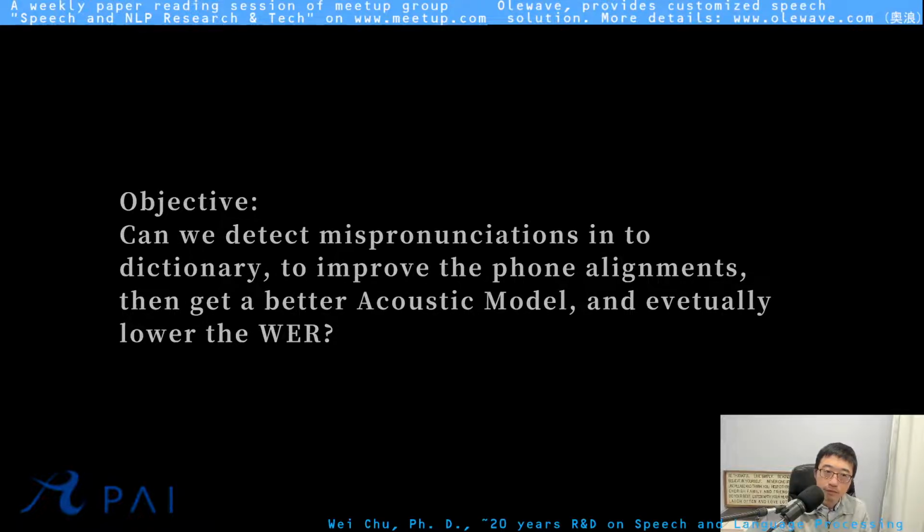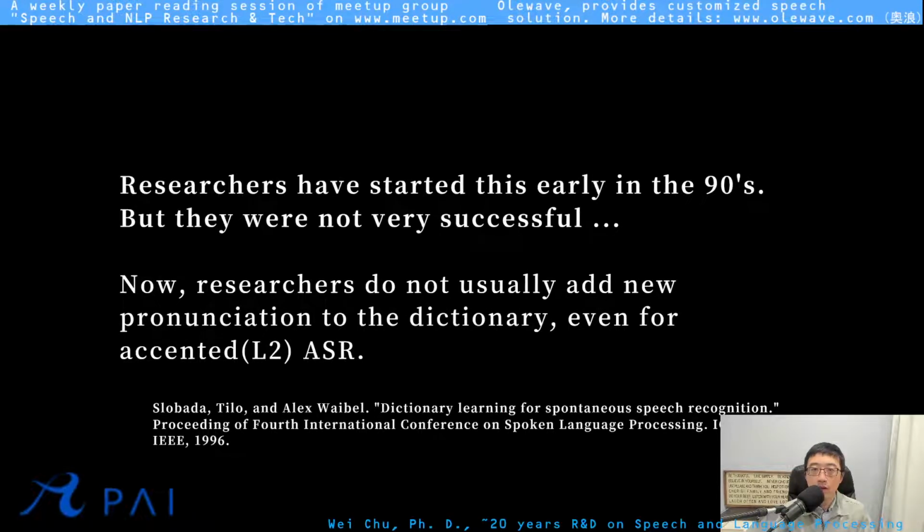Well, about maybe almost 30 years ago, researchers started this effort, but none of them were very successful. Well, partly because look at this. Suppose I say the word absolutely, okay?